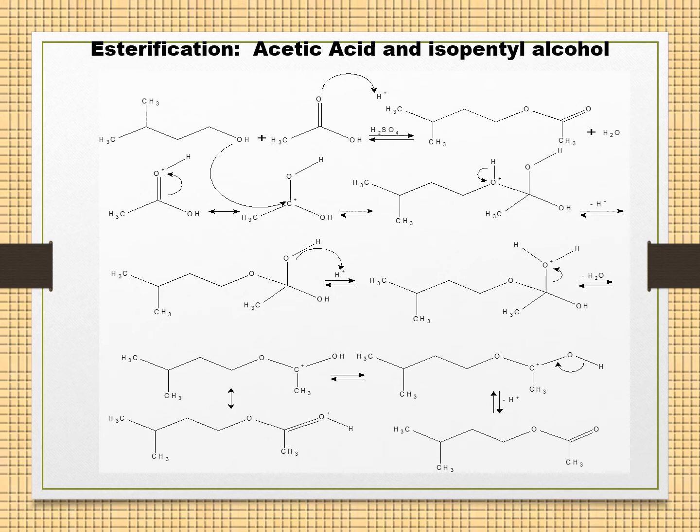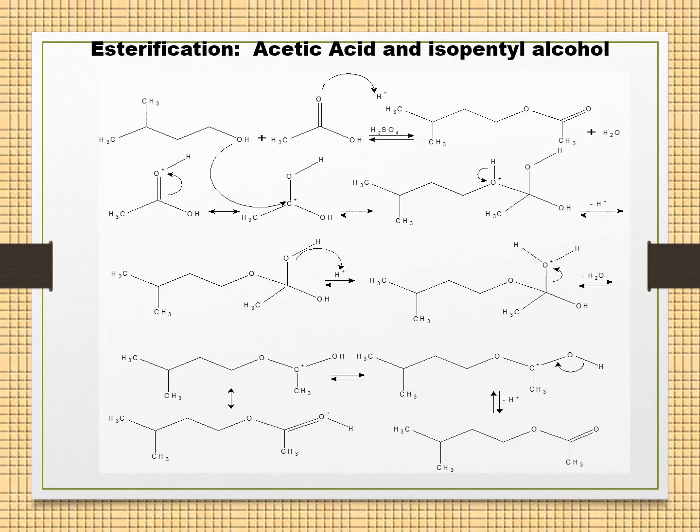Again, we can protonate by the excess acid remaining, and this is to make one of the hydroxyl groups a better leaving group, the same as we discussed in the previous slide, and the water will be removed easily.